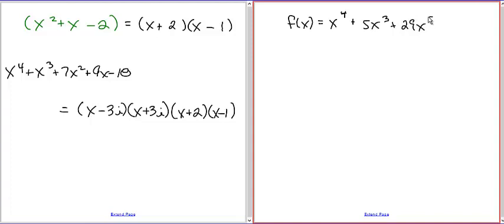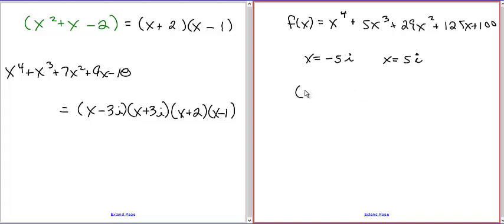It doesn't give you one of those three. Again, I don't have to guess anything here. I know one zero is x minus 5i. So that means the other zero is x equals positive 5i.